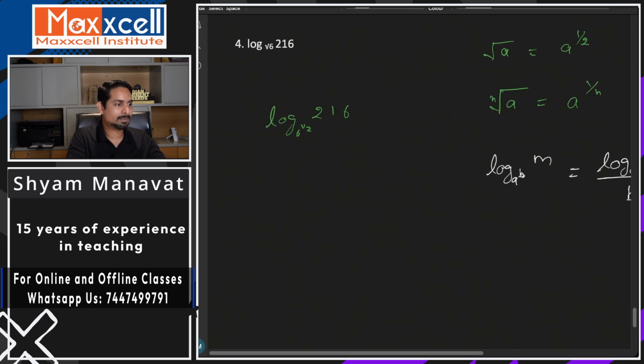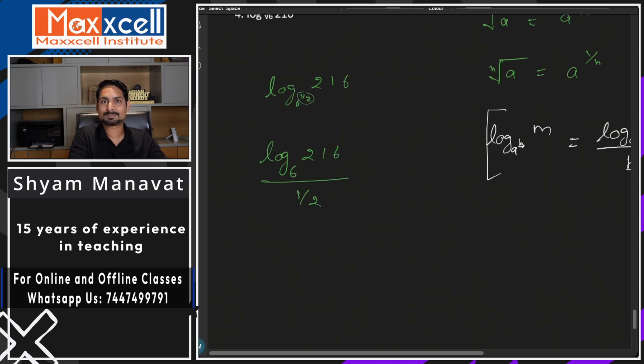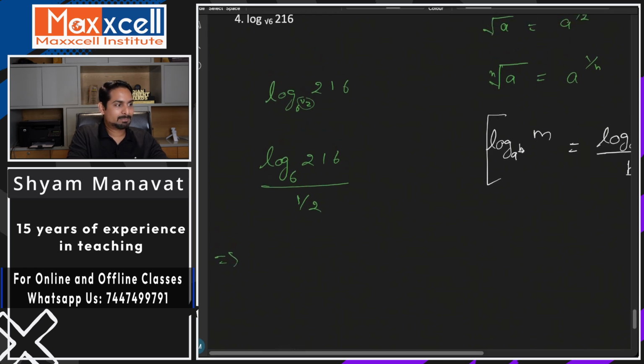So I will use this property here. It will become log of 216 base 6, and this power of the base will come as denominator 1 by 2. Clear? Okay. Now simplify further.